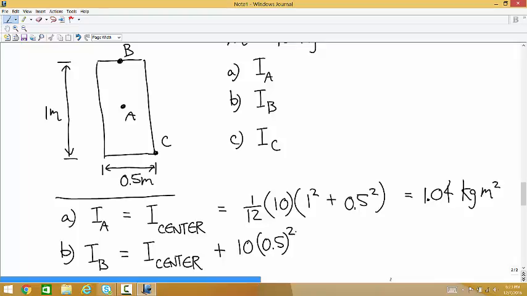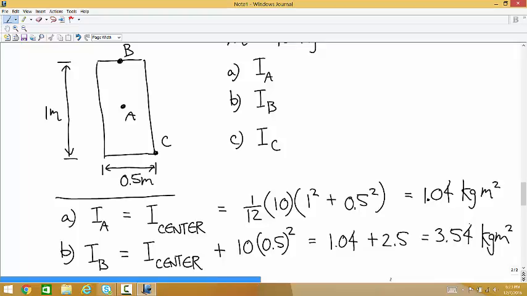And so if you add these together, you get 1.04 plus 2.5, so 3.54 kilogram meter squared. Any questions about that one?